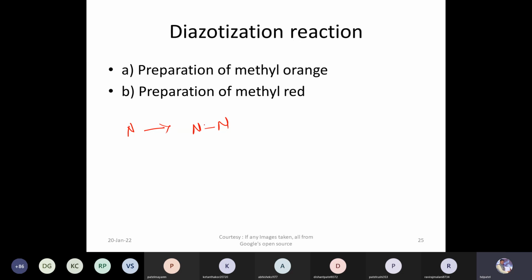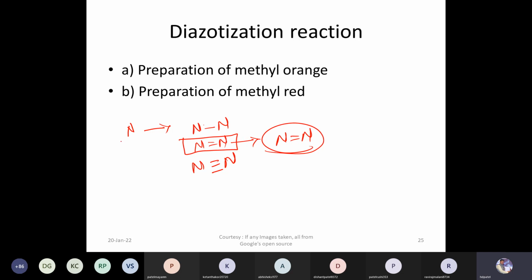Now this NN can be in N-N form, N double bond N form or N triple bond N form. But when we are talking about the diazotization reaction, this form will be there, that is N double bond N.